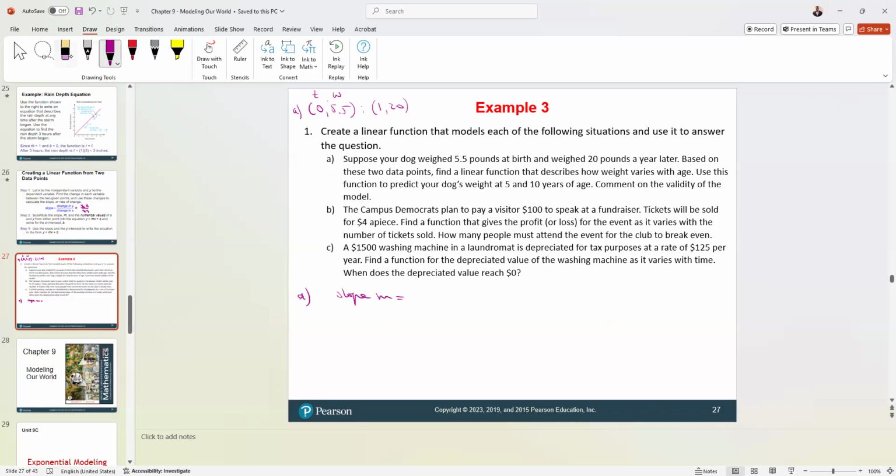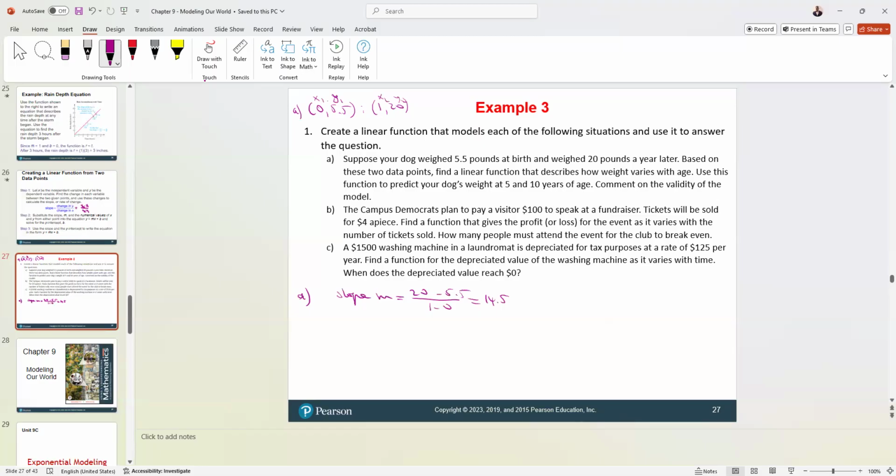You can call this one y1, x1, and this one x2, y2. So that means you're going to have 20 minus 5.5 over 1 minus 0. Doing this, it gives you 14.5.